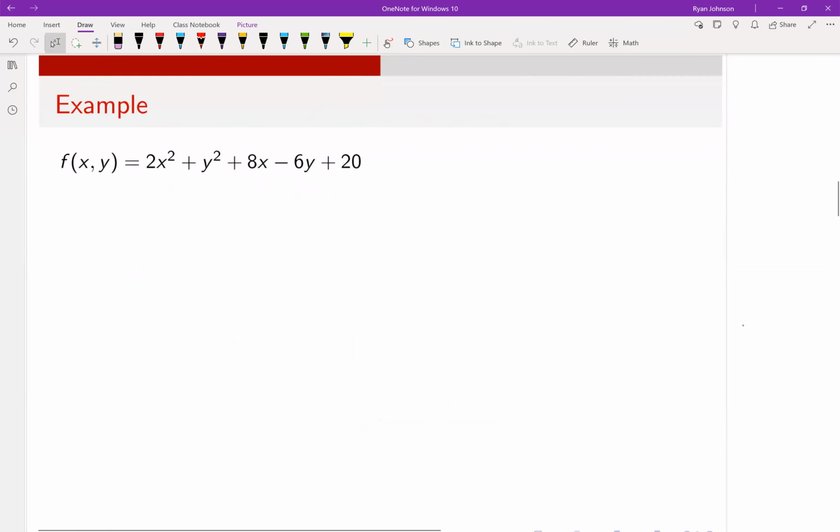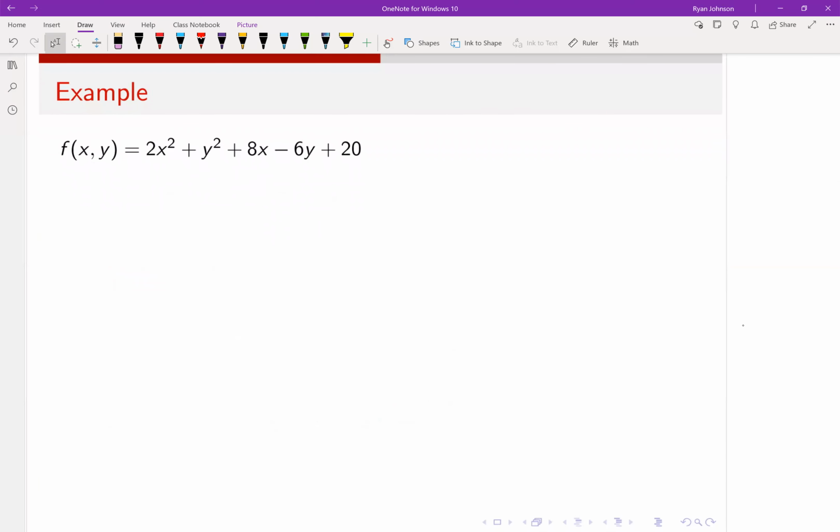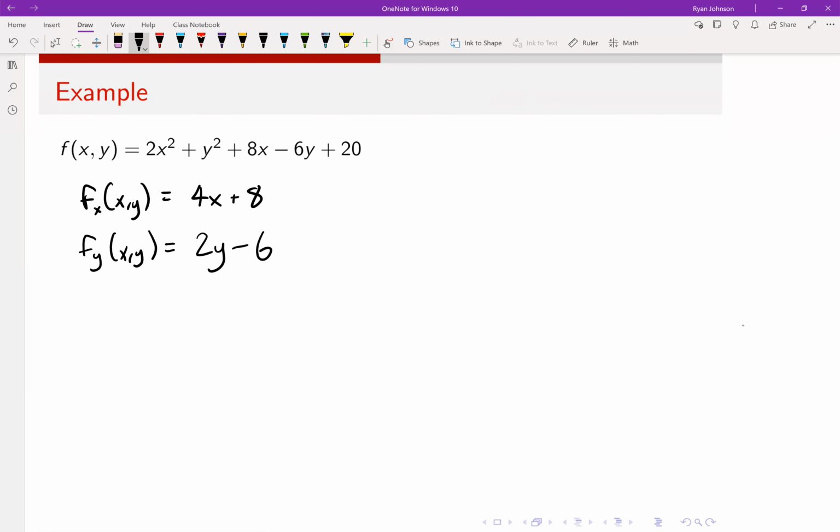Okay. So we're going to start with an example. So here's an example, and I'm just going to demonstrate this one. This is a really nice and simple one. Here we have our f of x, y. To find the critical points, fx of x, y is 4x plus 8, and fy of x, y is 2y minus 6.